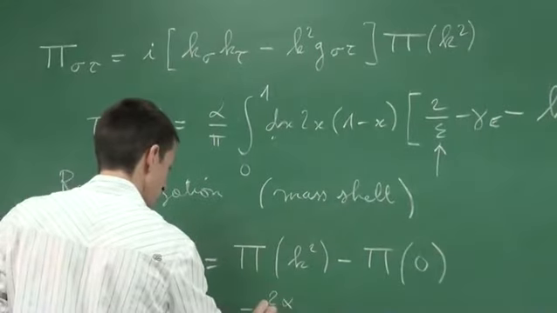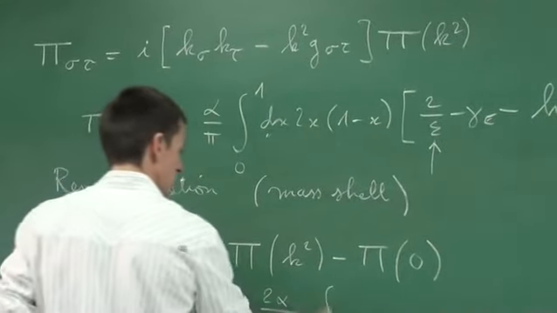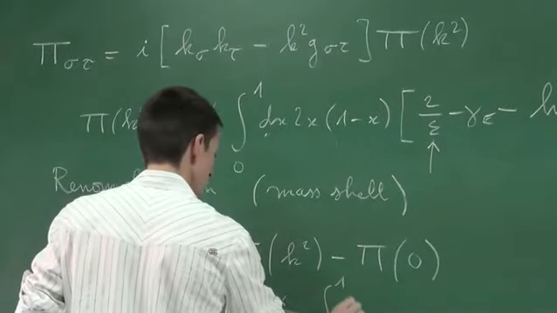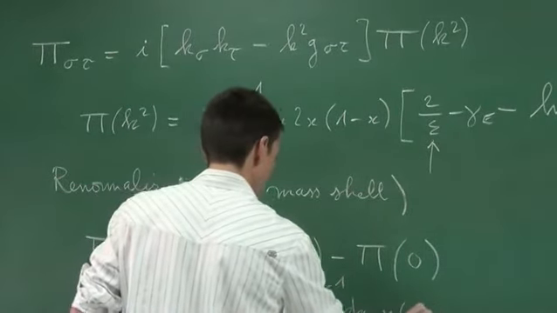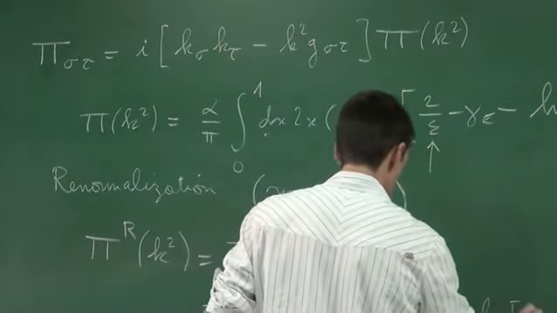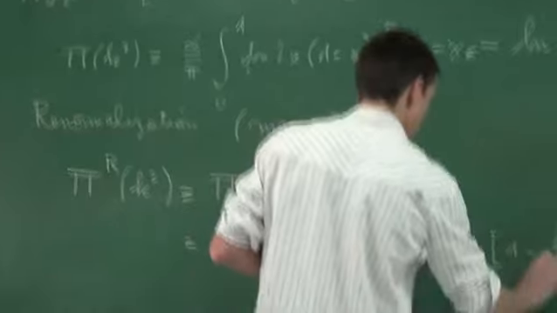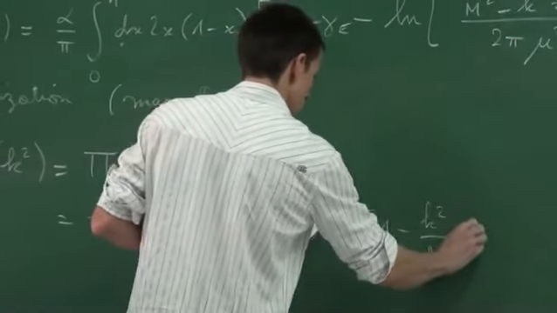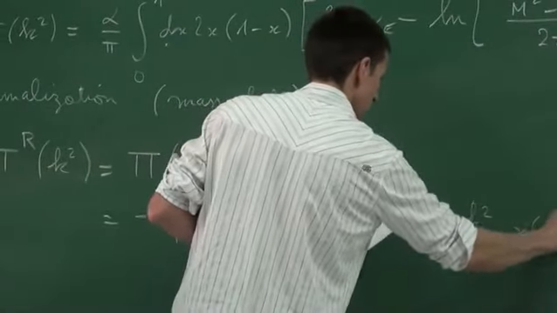minus 2 alpha over pi, integral from 0 to 1 of x times 1 minus x, logarithm of 1 minus k squared over m squared x times 1 minus x.